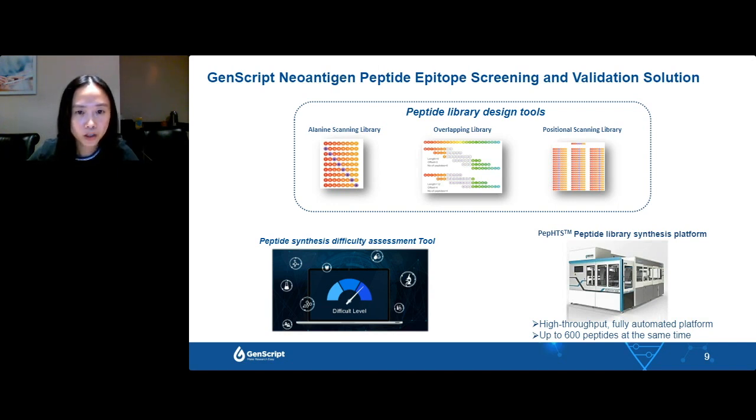After the evaluation, we will choose different methods to synthesize the peptides. So you can have a high successful rate to get your peptides. And lastly, we have several synthesis platforms. For example, this one is a high throughput, fully automated platform. It can provide up to 600 peptides at the same time.